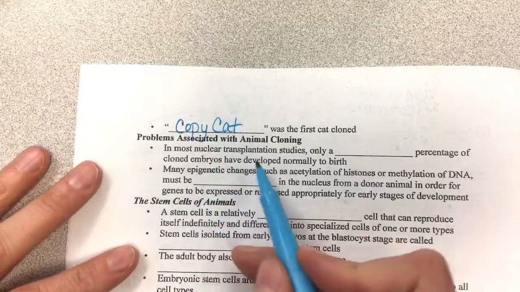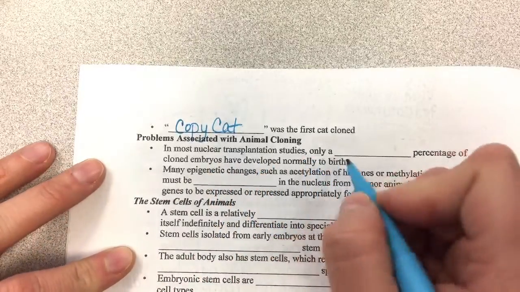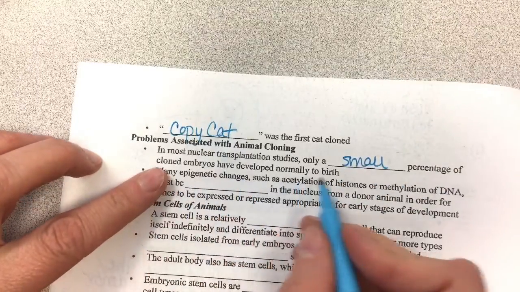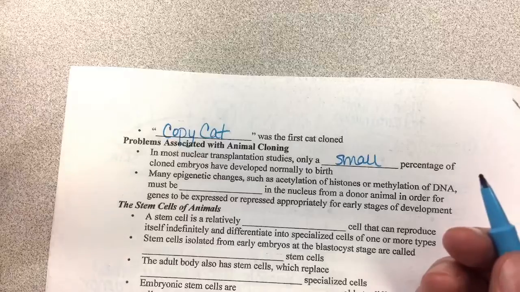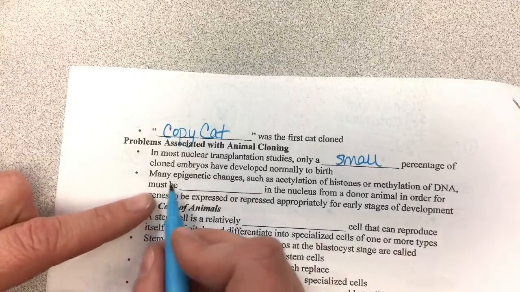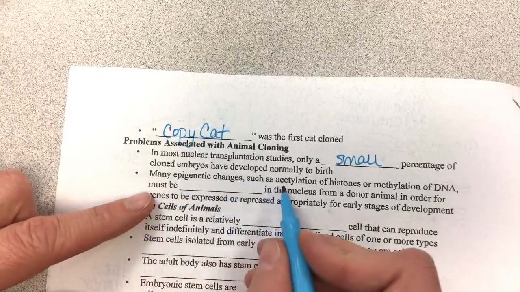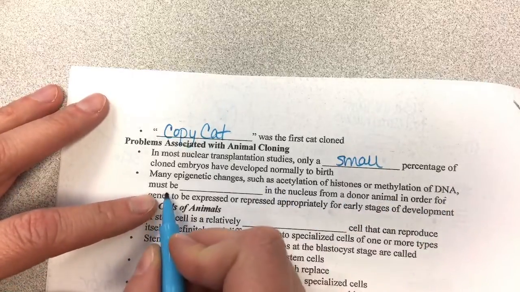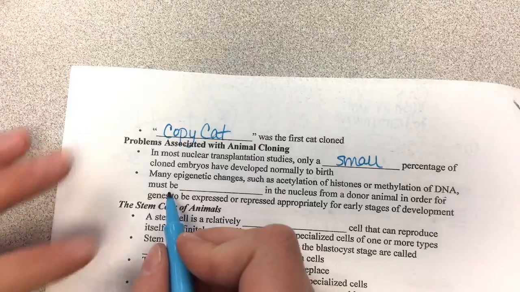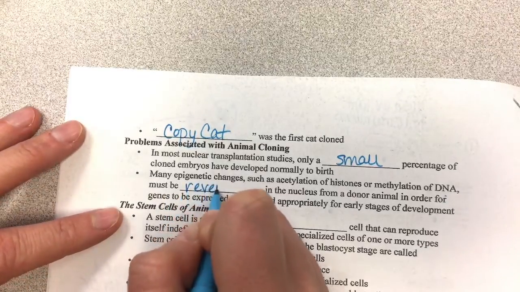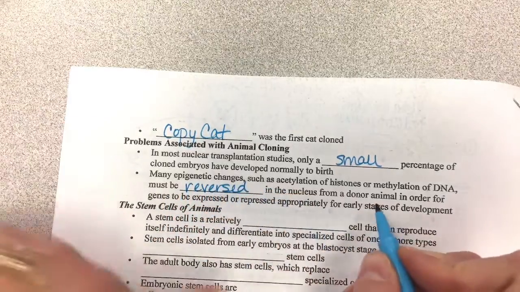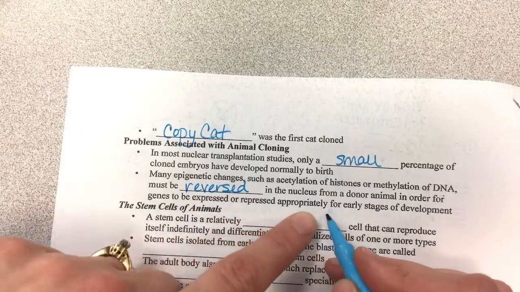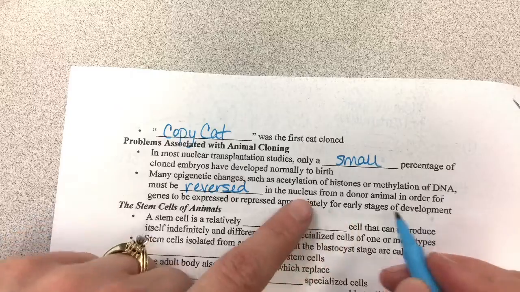In most nuclear transplantation studies, only a small percentage of cloned embryos have developed normally to birth. So I said it took hundreds of tries to get Dolly. Many epigenetic changes, such as acetylation of histones or methylation of DNA, must be reversed in the nucleus from a donor animal in order for genes to be expressed or repressed appropriately for early stages of development.